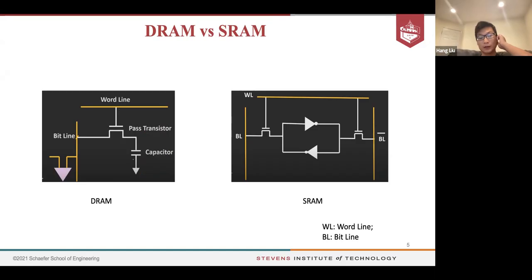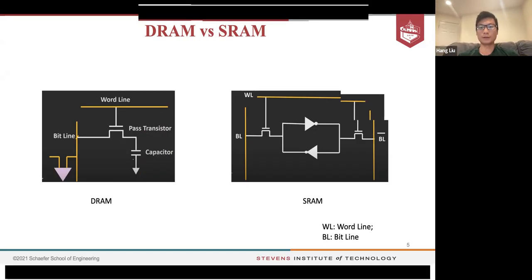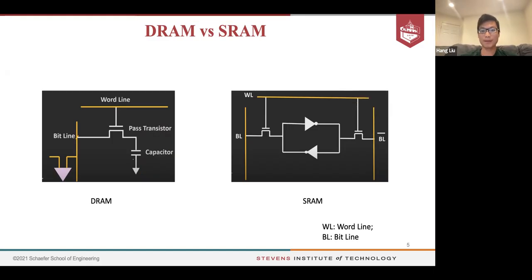Okay, now let's go to the second part. The second part is the SRAM. SRAM has a feedback loop of two NOR gates here. For instance, let's say we have a 0 here, and then the NOR gate gets 1, right?